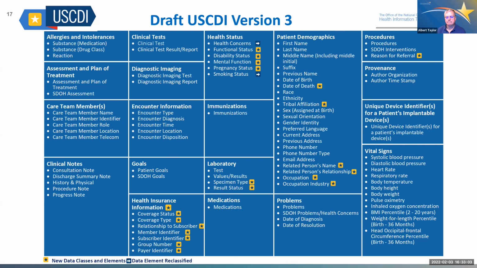Another related question is, are all of the demographics data elements considered EHI and would need to be included in a designated record set? As it stands right now, the content of what's in V1, those data elements, are part of what's defined as EHI, yes.